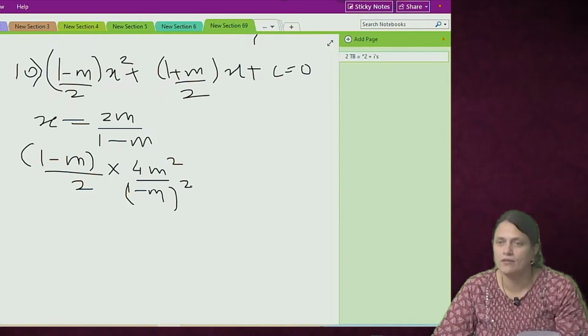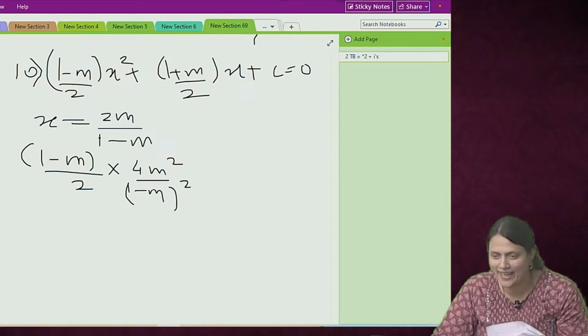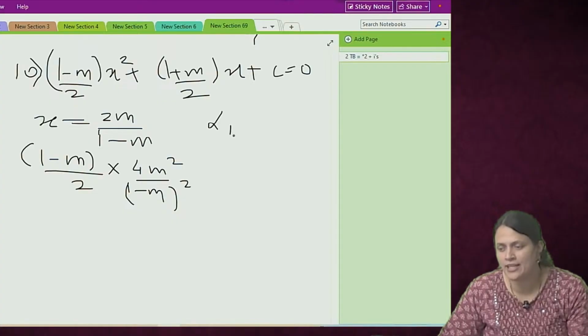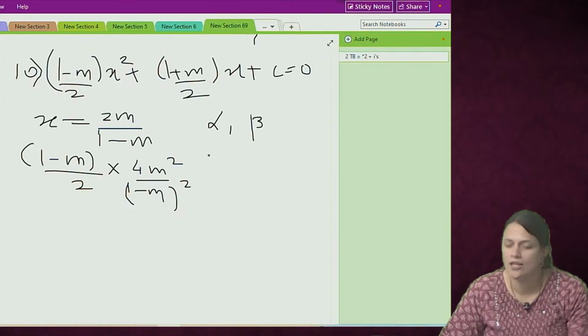L minus m है. This is my L. चलेगा. That is also a good option. So if alpha and beta are the roots, so alpha plus beta is going to be minus b by a.